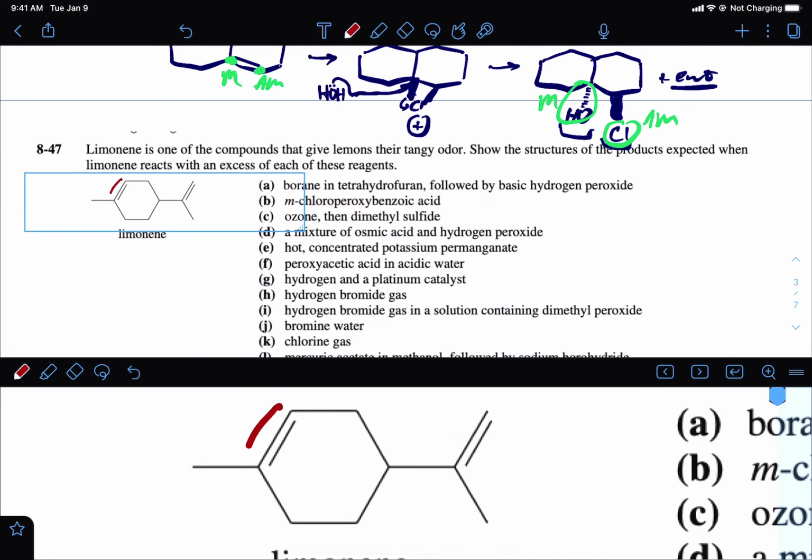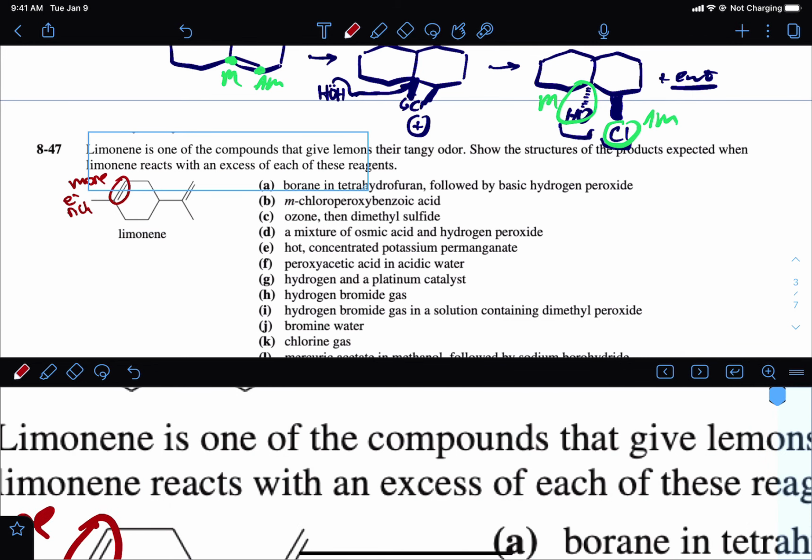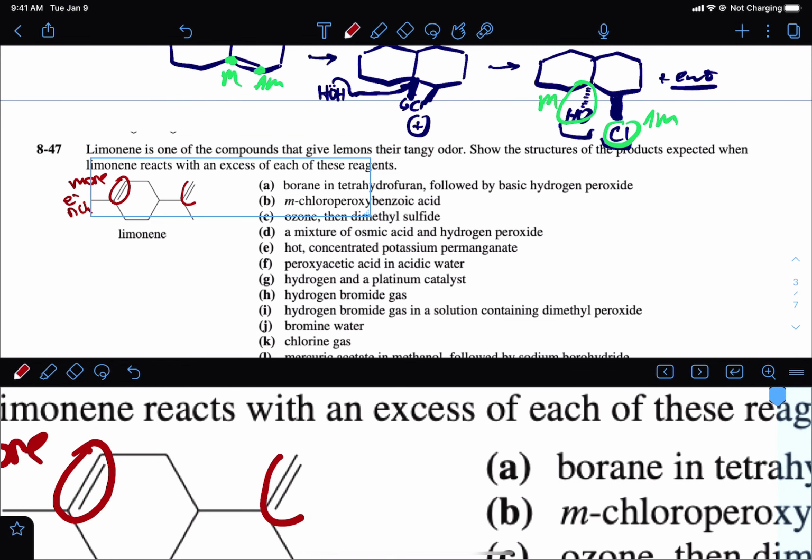This double bond is more electron rich. This double bond is electron poor.